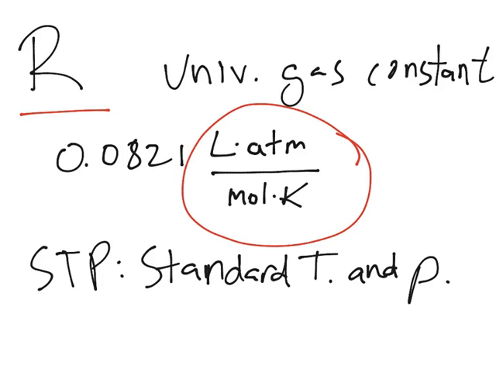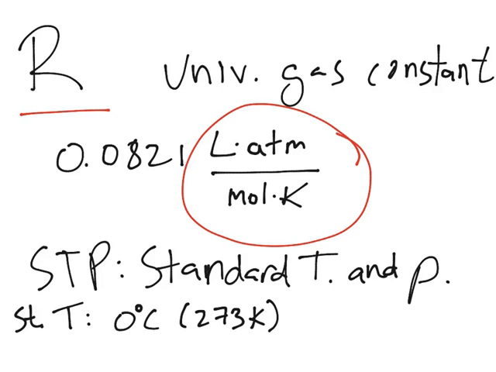And the standard temperature, ST, will be 0 degrees Celsius or 273 Kelvin. Now be careful about this. As you can see, I do not write this degree here in Kelvin because Kelvin is the absolute value. It is not set as a degree Kelvin, it's just Kelvin.